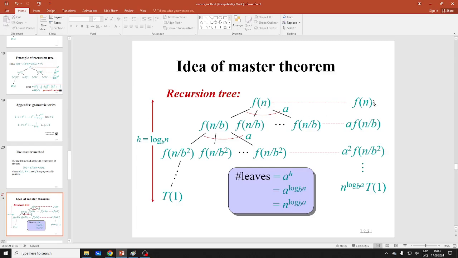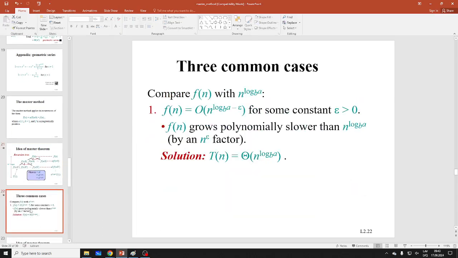The master theorem will let you know whether the leaves are the most important, whether they are equally important, or whether the actual work being done is most important. So that's the idea. You have three cases. I'm going to do this after the break.